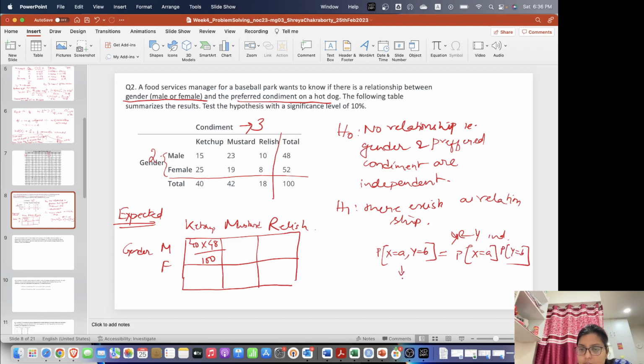So if this is some small x by 100, because the total is 100, then this will be probability x equal to a, that is 40 by 100, into probability y equal to b, 48 by 100. So then this number would be 40 into 48 by 100. Is it clear why we are doing this?